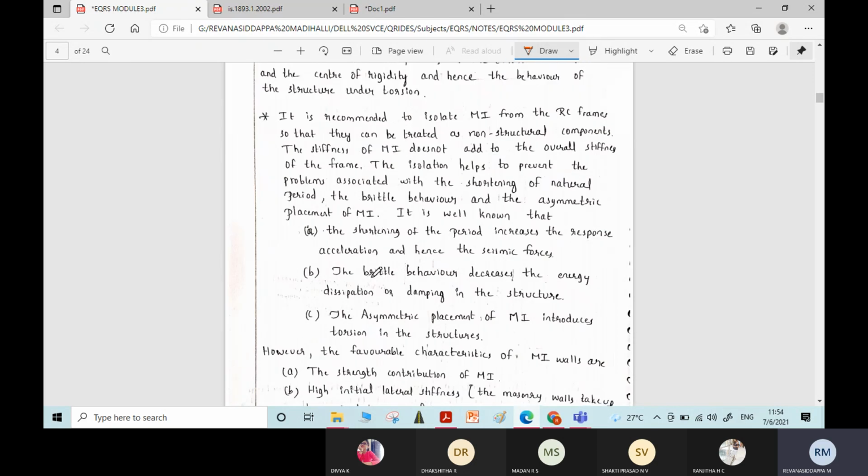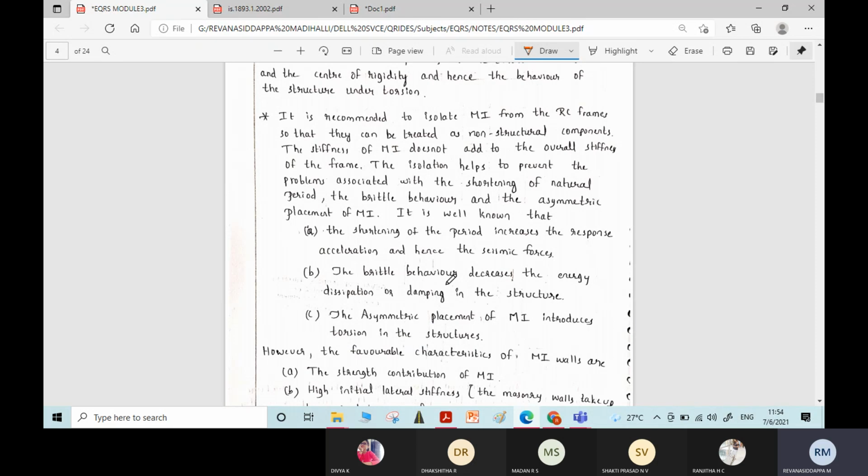If you take column, beam, and slab, they are reinforced elements, and they can handle the lateral forces. They will have good resistance to the bending moment or the flexure, or the tensile stresses.